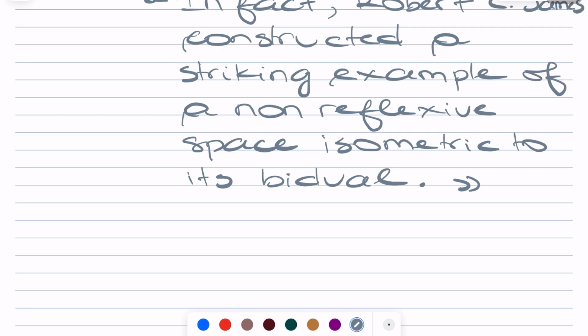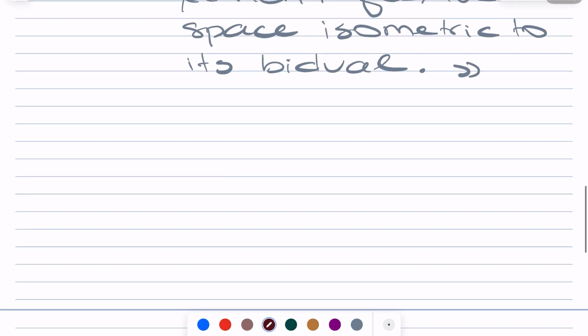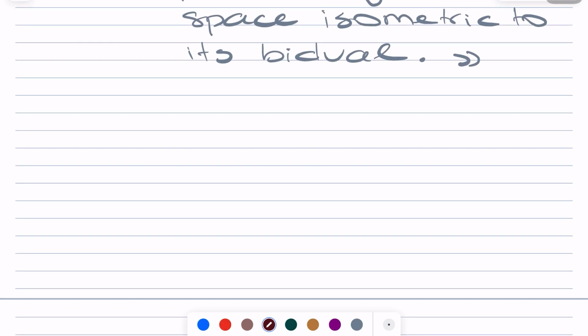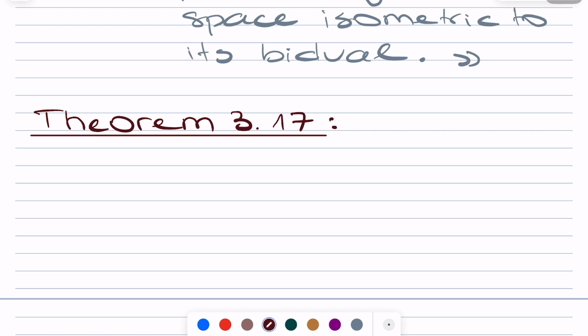So our next result describes a basic property of reflexive spaces. That is theorem 3.17, known under Kakutani. So theorem 3.17, this is Kakutani's theorem.